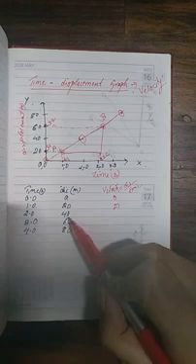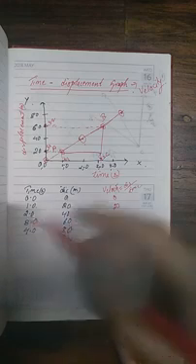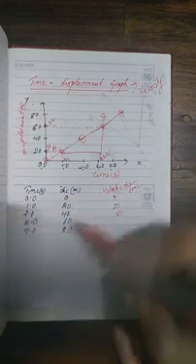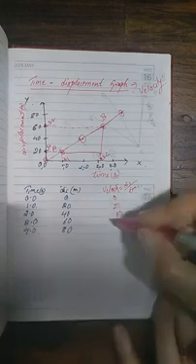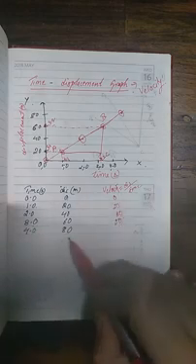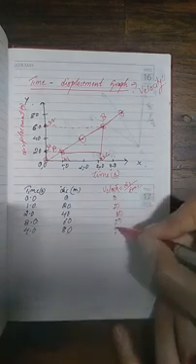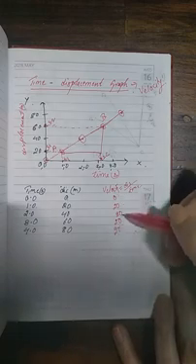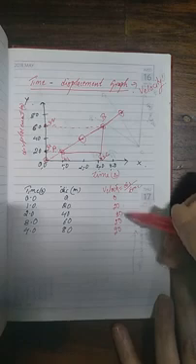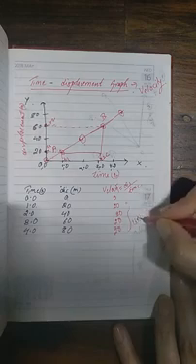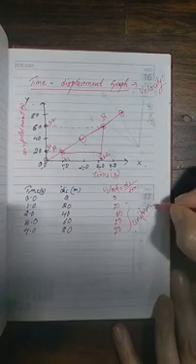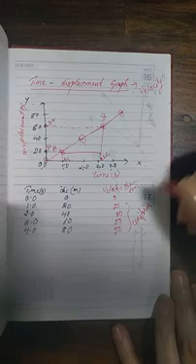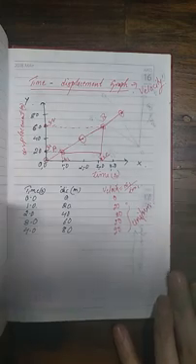Next one, 40 and 2. 40 divided by 2 will be 20. 60 divided by 3 is again 20. 80 divided by 4 is again 20. So what we can see over here is the velocity is constant. It shows that the velocity over here is uniform. So this way we can find the type of velocity.